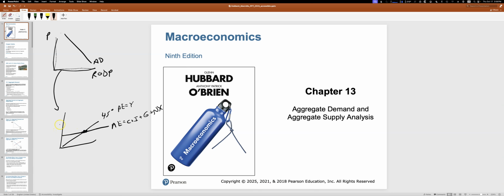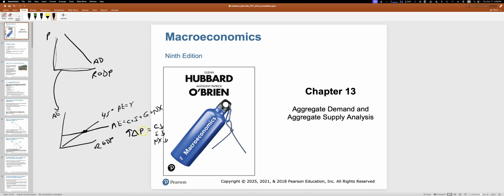And that as the price changes, so here's our real GDP, here's my aggregate expenditures, that as the price level changes, the aggregate expenditures change. As we see a change in price, let's say that it's going up, then what we see is that consumption falls. That leads to eventually planned investment falling, and it leads to net exports falling as people buy more stuff abroad.